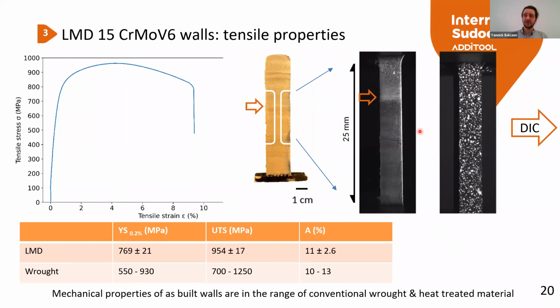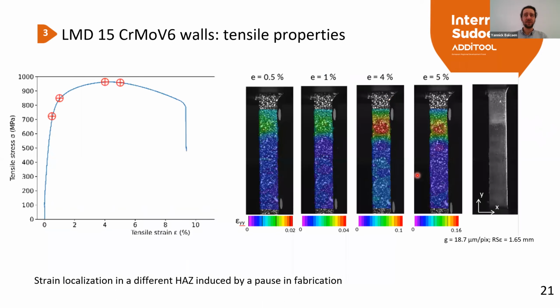So by digital image correlation, we've performed an analysis, and we have observed that this specific area is localizing deformation.